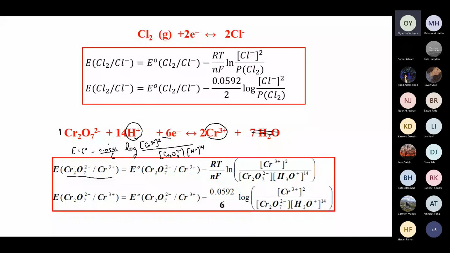If I have a balanced equation, I will have either H+ or OH- or H3O+. So you must include it in the reaction quotient to the power 14, whatever its power is. Clear?